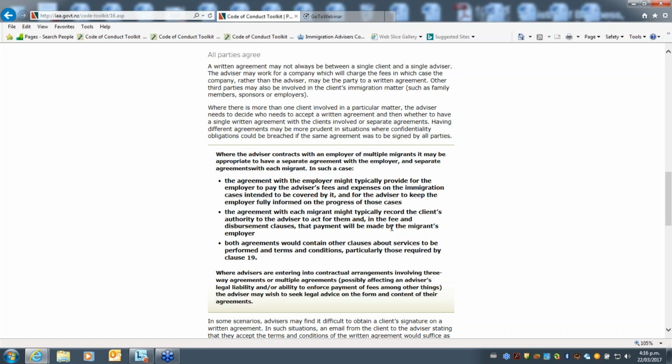For example, you might have a primary agreement with an employer and they may be the one paying the costs, so that will cover all of the cost agreements. But you still need to have a separate agreement with each migrant that, for example, at a minimum gives you the authorisation to act for that particular individual.